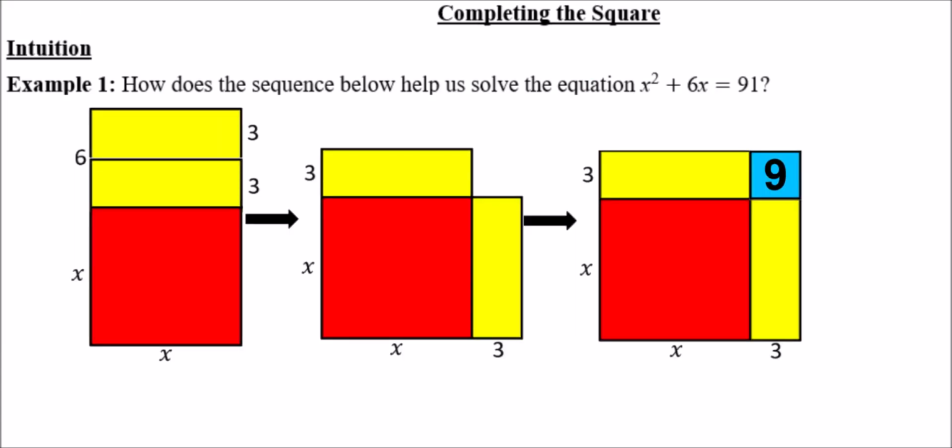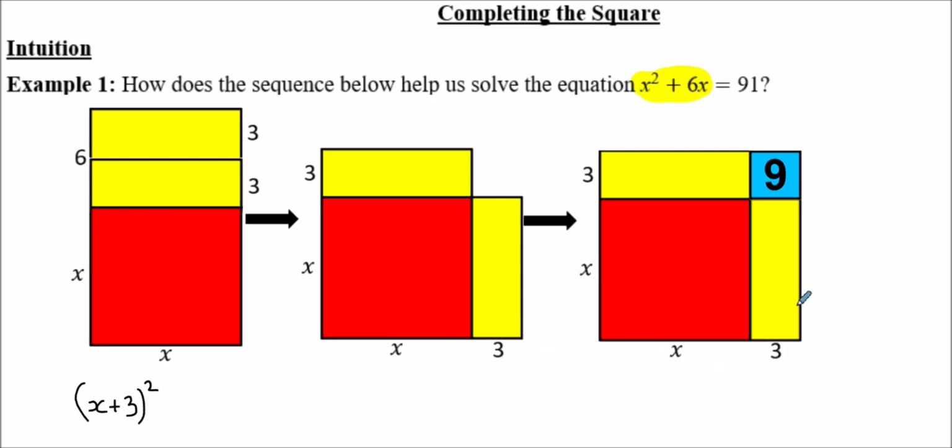So next up, how does that help us to solve x squared plus 6x equals 91? Well, what we can do here is we can now rewrite x squared plus 6x in this completed square form. And so x squared plus 6x is actually almost the same as x plus 3 squared.